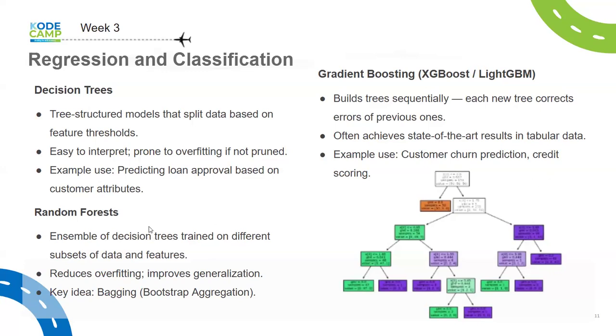So an example use of decision trees is when you want to predict whether to approve a loan based on customer attributes. What will you do? You take each of those customer attributes and you put a threshold and say, okay, what is the monthly turnover of this customer? If it is greater than this, then you can say yes, he can apply or is eligible.